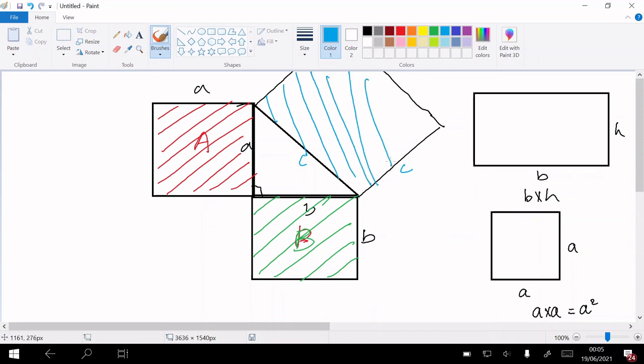Sorry for the messy drawing. So the Pythagoras theorem equation is telling you that area of A plus area of B gives you area of C. And this is why it can only ever be true for a right angle. So this is what you're actually finding. But of course, by rearranging the equation, you can just find the length.